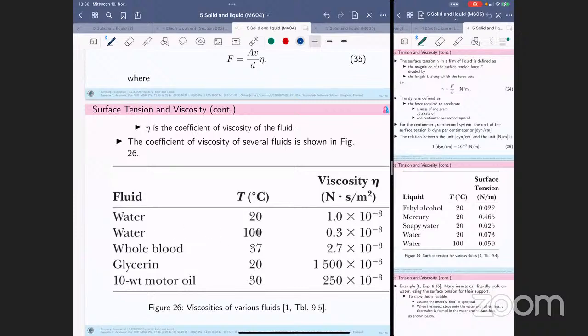And if you make the water hot, like 100 degrees Celsius, you would have 0.3 times 10 to the negative 3. You can see this 0.3 is less than 1.0. When you increase the temperature of water from 20 to 100, you would have less surface tension too. And do you know the reason behind it? Why do we have less viscosity and surface tension?